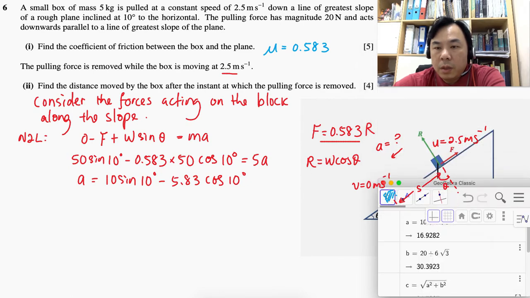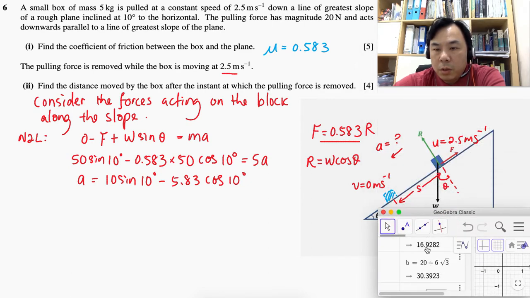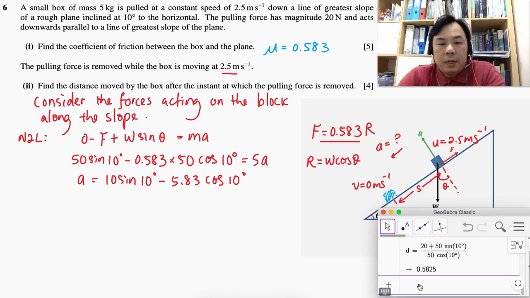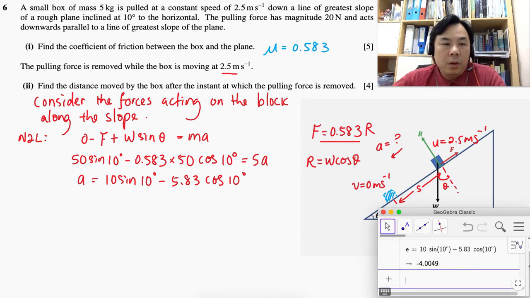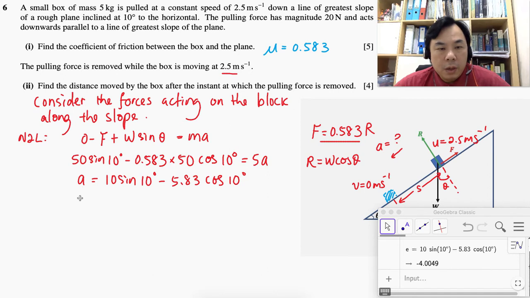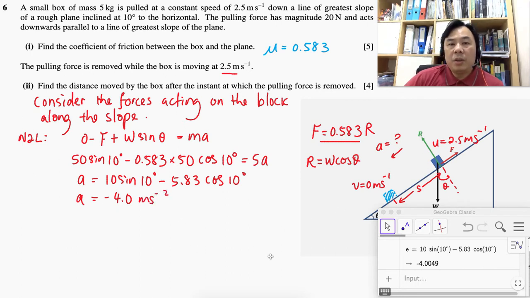Here I have 10 sine 10, and then I subtract 5.83 times cos 10. That will be approximately, quite close to -4 meter per second square. That is the deceleration, as expected, right?